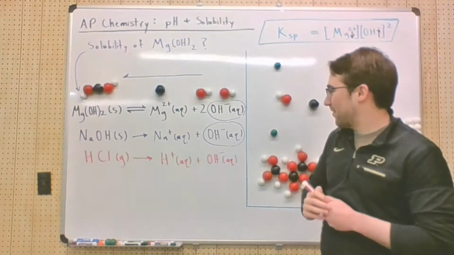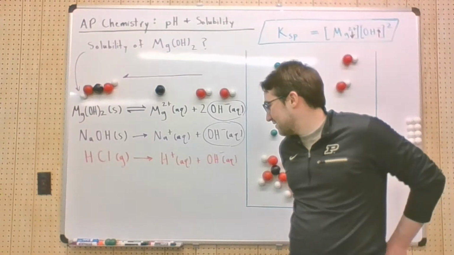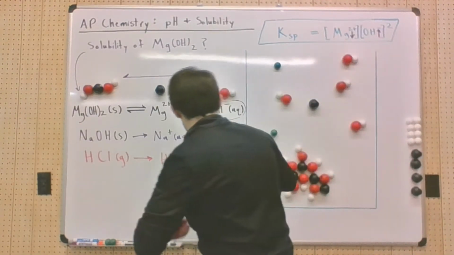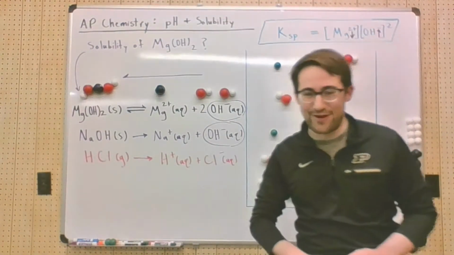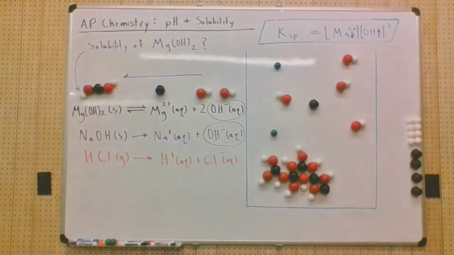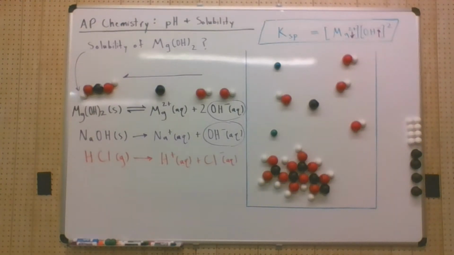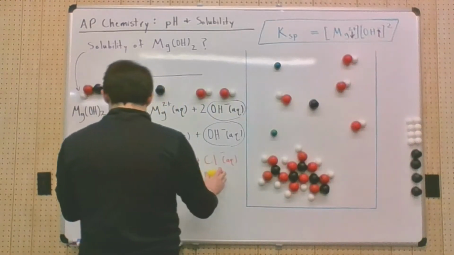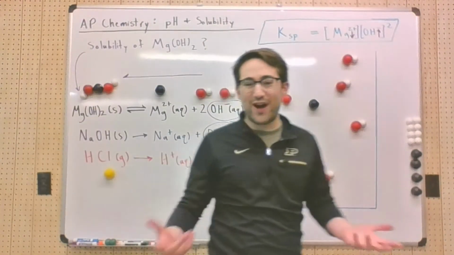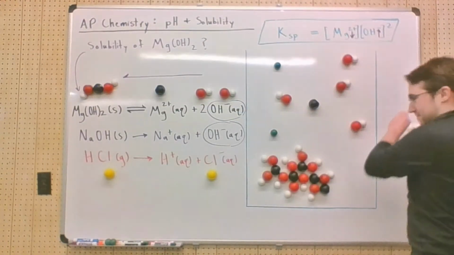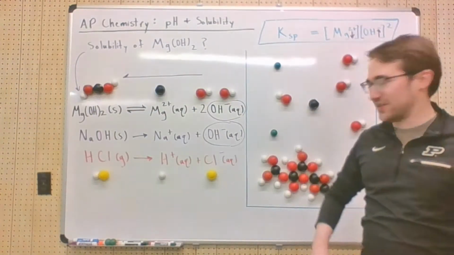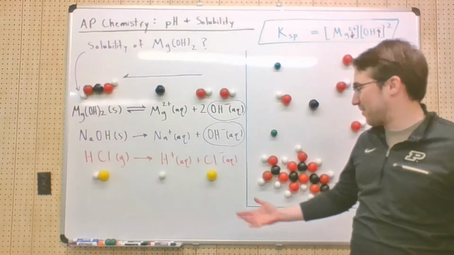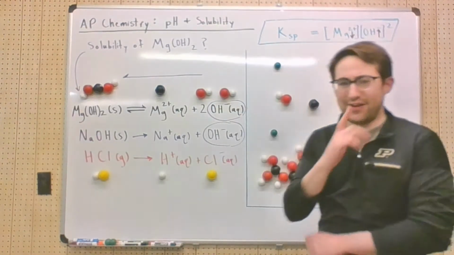Okay, so to represent my chloride ions, I'm just going to use yellow. We said hydrogen is white, so we're going to keep that the same. Okay, so H+ and Cl- are my ions that dissociate from my HCl here.